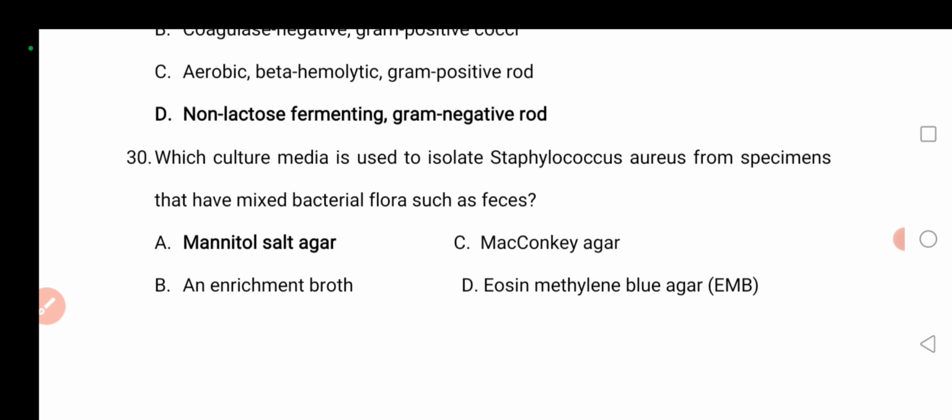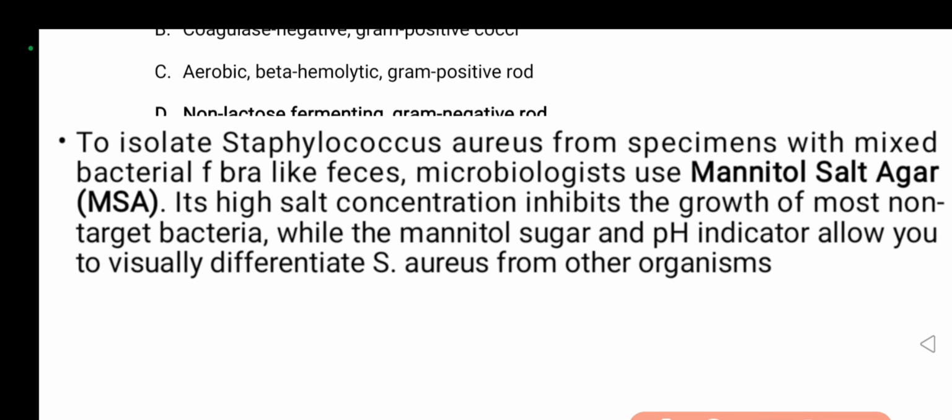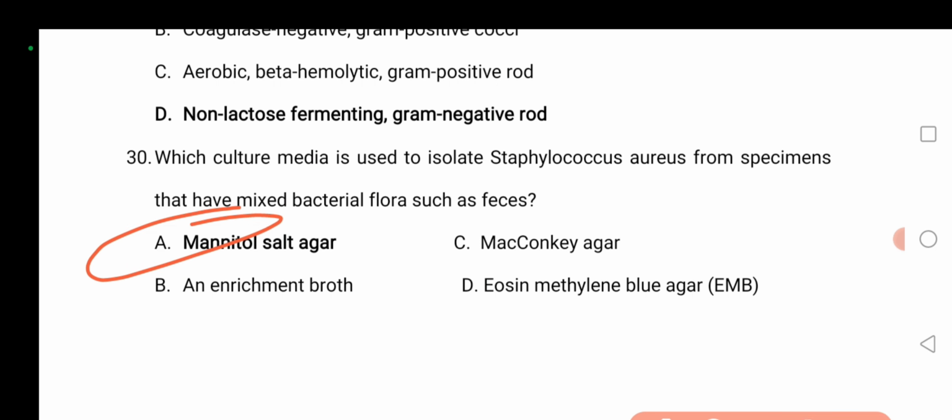So the most commonly used culture media for identifying Staph aureus from a mixed culture is mannitol salt agar, due to its high content of salt, which is inhibitory to other bacteria, and it allows for the growth of Staph aureus. So A is the correct answer.